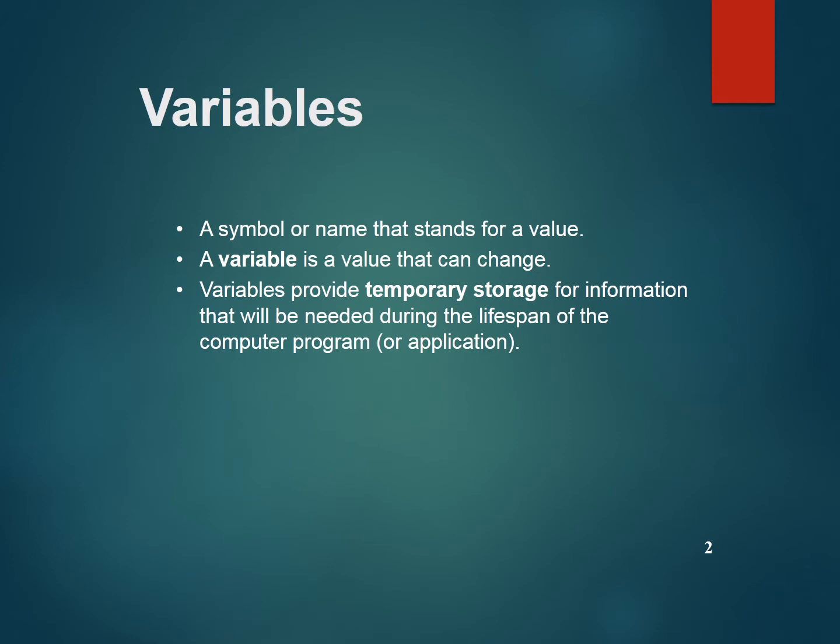It provides temporary storage for information that will be needed during the lifespan of the computer program or application. Means variable is the name given to the named memory location in which a particular value can reside throughout the program execution.